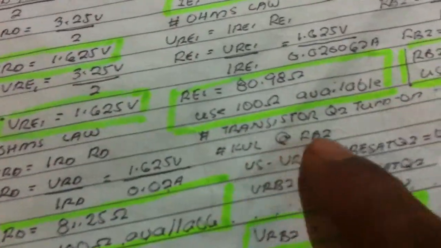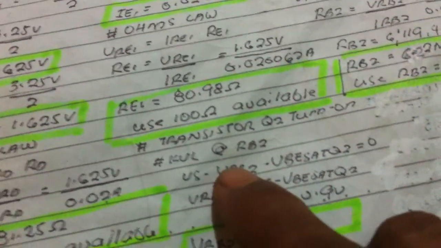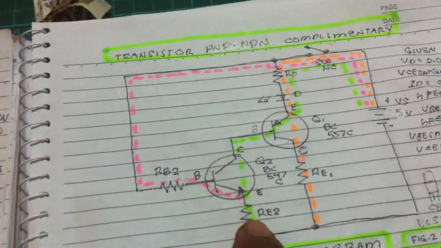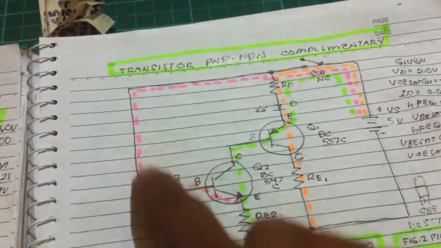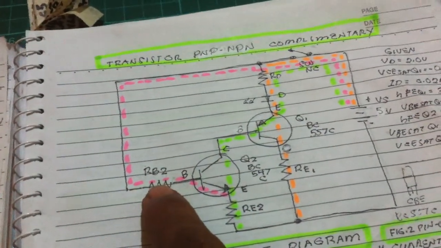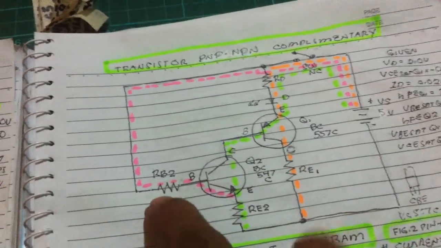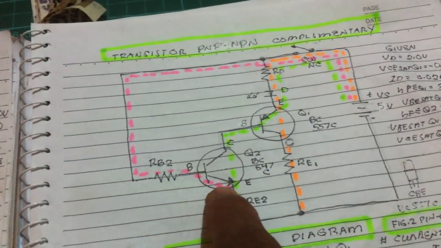So let us now turn the transistor on. Just using the formula, we need the voltage supply to know the voltage drop here: voltage supply minus voltage drop here minus VBE of the transistor.